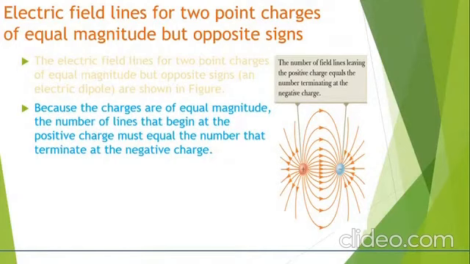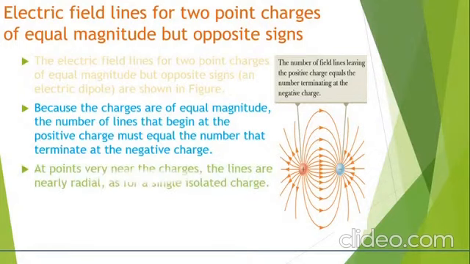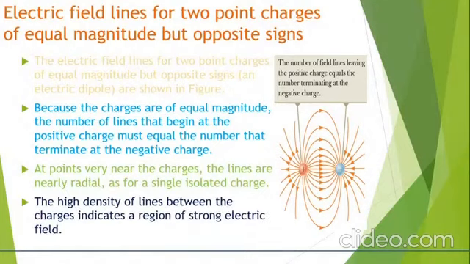Near the charges, the lines are nearly radial, as for a single isolated charge. And the high density of lines between the charges indicates a region of strong electric field.